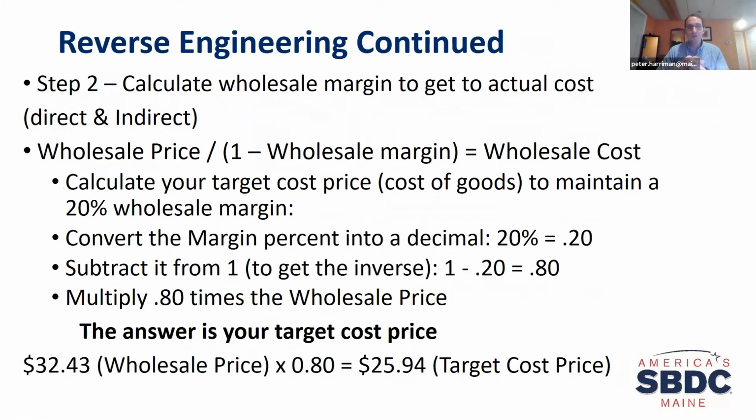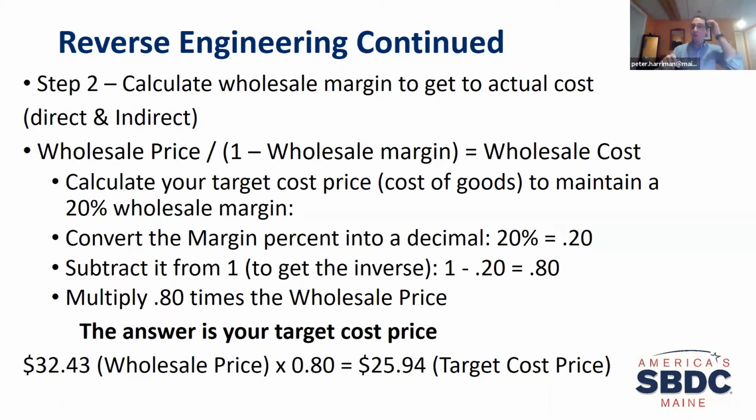Step 2 of reverse engineering is, let's calculate the wholesale margin to get the actual cost, right? So, again, this is if we had a product on retail and we knew the retail price, we work backwards to get the wholesale price, which is not the cost price. The wholesale price is what one business is selling to another business.